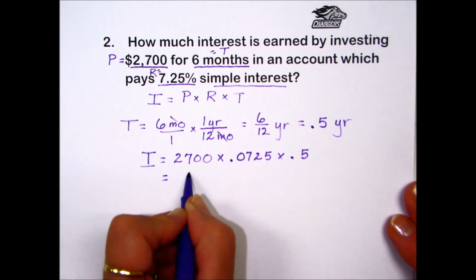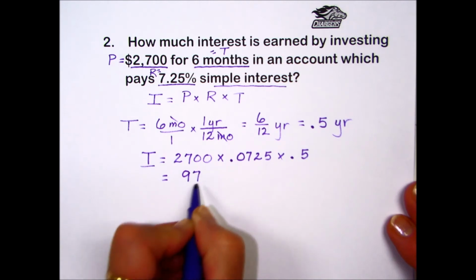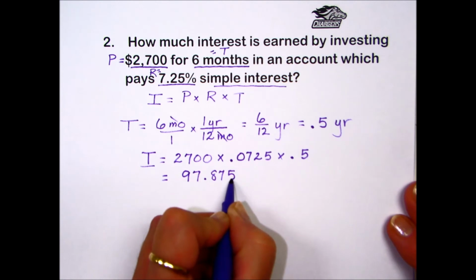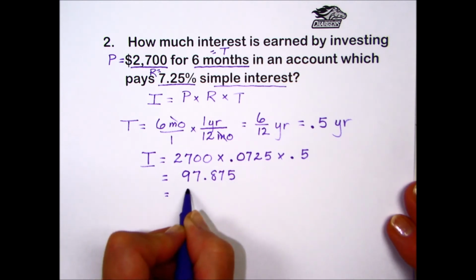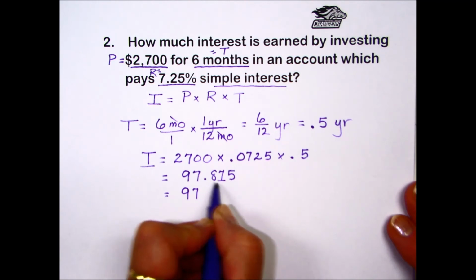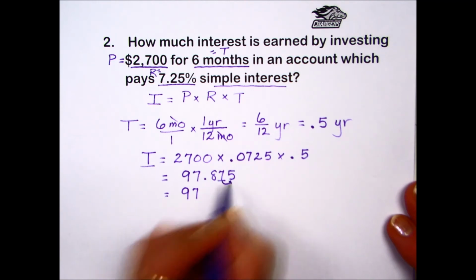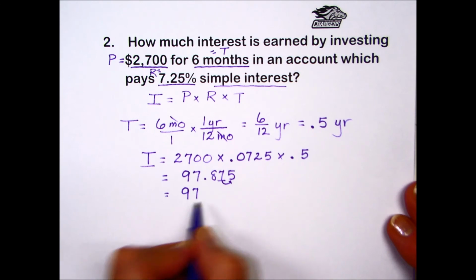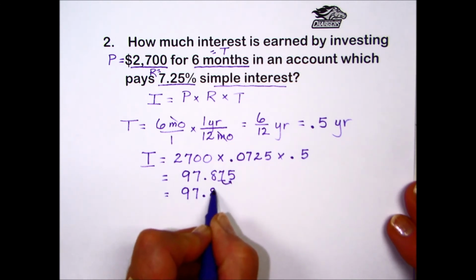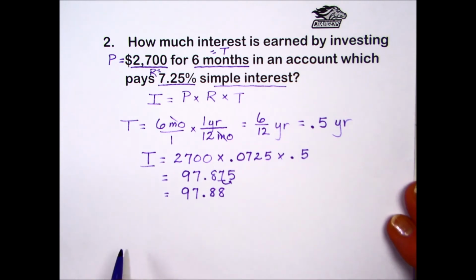Multiplying those three numbers results in a product of 97.875. Because we're dealing with money, we want to round to 2 decimal places. In the cents or the hundredths place, we look immediately to the right, 5 or greater. It is the 5, so that 7 will be rounded up for a $97.88 interest earned in the 6 months.